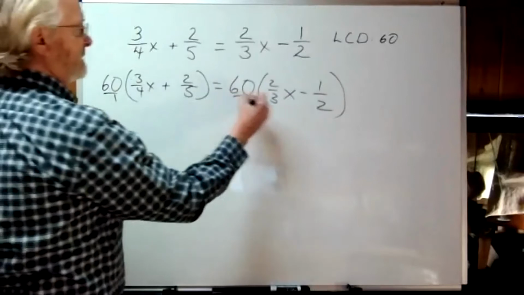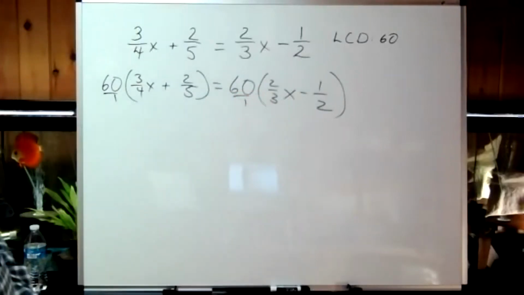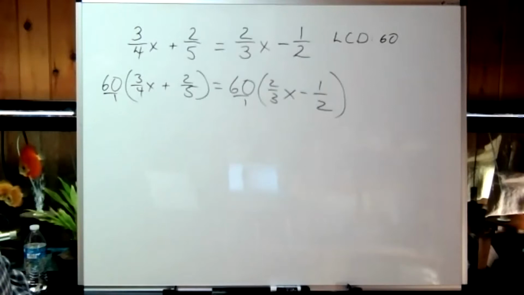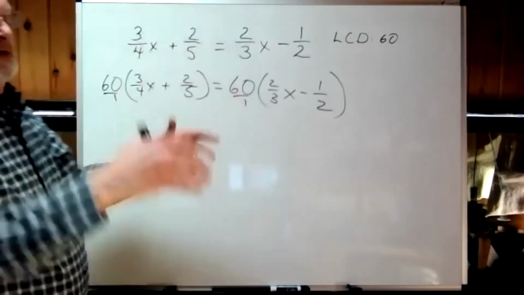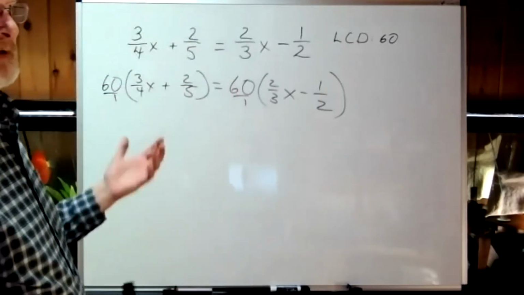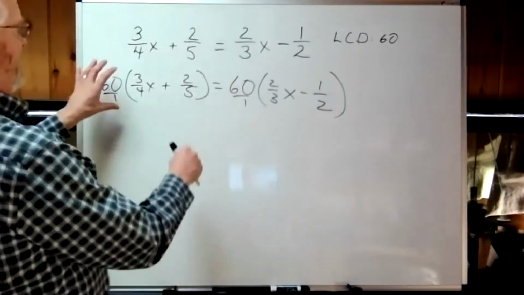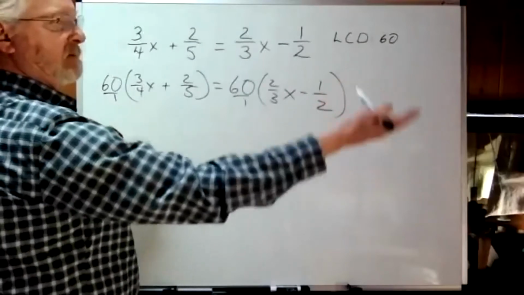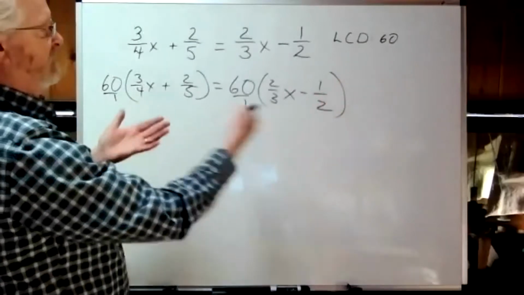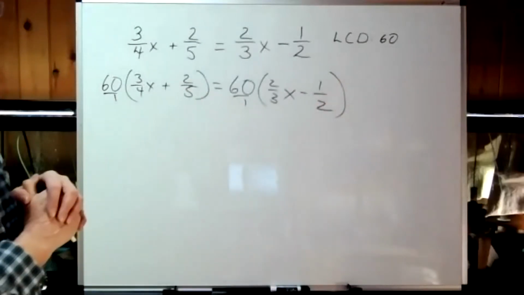This is the idea. Trying to understand what that's doing, I'm making all the numbers 60 times bigger. If that's the case, 60 times this thing and 60 times that thing should mean that it's still balanced. It's still true that those two sides are equal to each other.